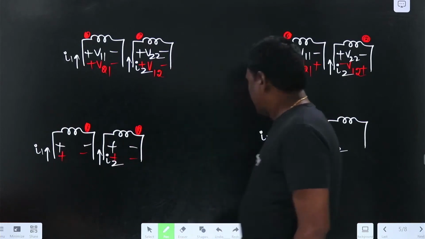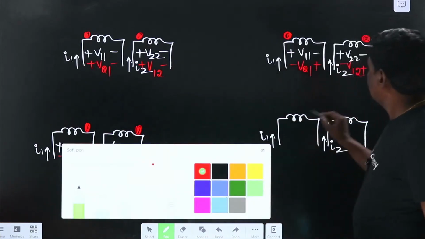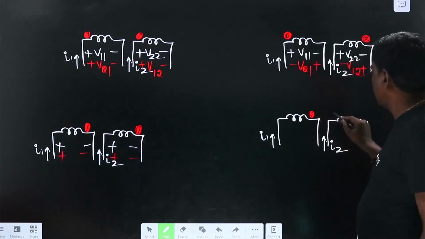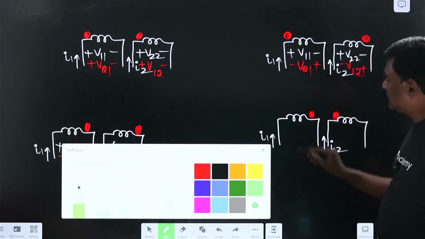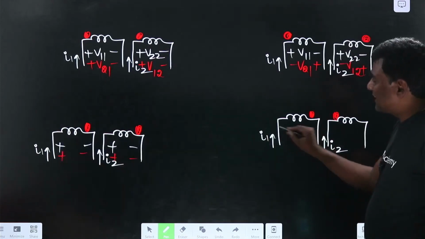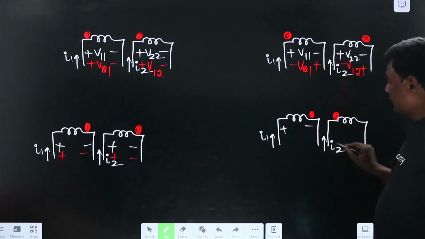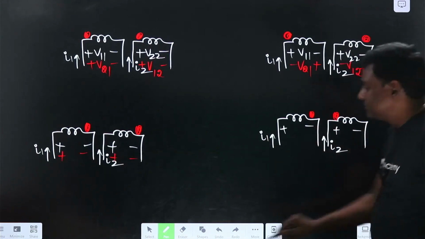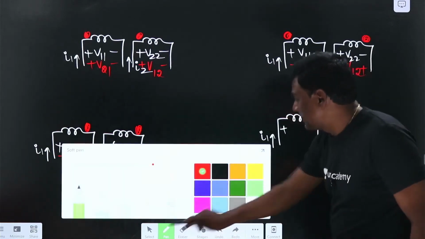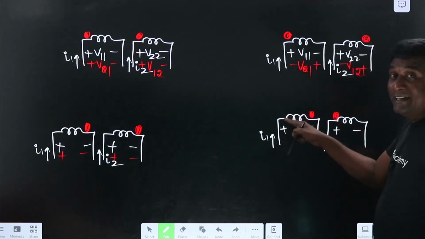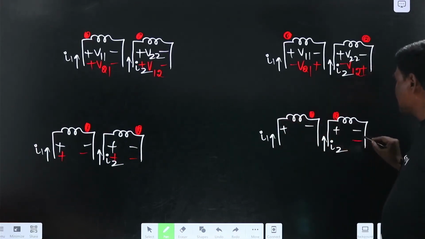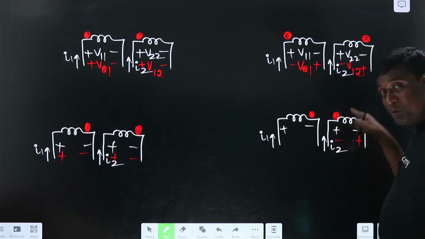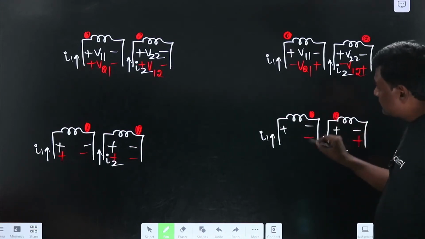Now if I keep the dot here, dot here. First of all, self is going to be when my current is entering here. And for mutual, when my current is entering into an undotted terminal, the undotted terminal should be positive. When my current is entering into a dot, this dot should be positive.